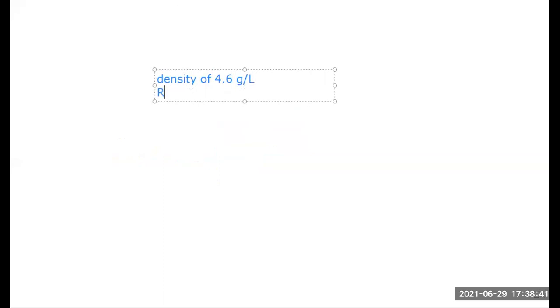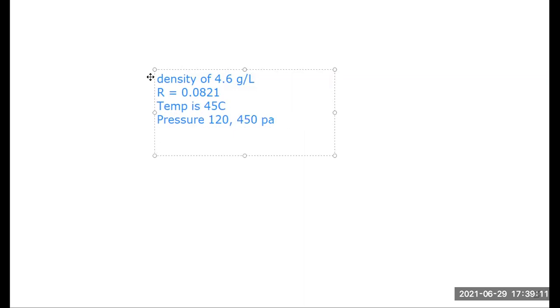And my R value doesn't change. My R value is 0.0821. We're going to say the temperature of this gas is 45 Celsius. And our pressure is 120,450 pascals.